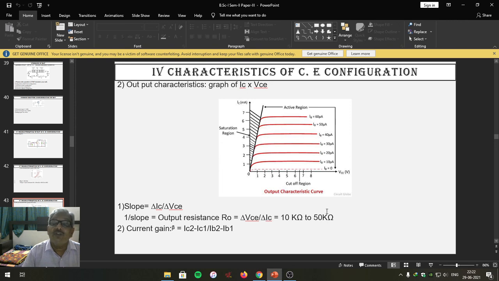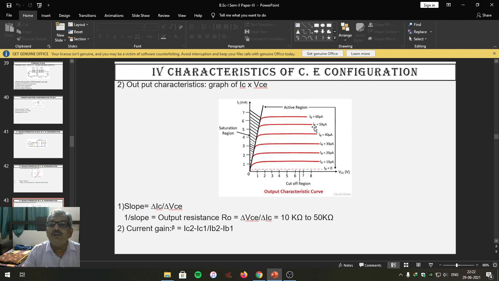Now we are going to define another term, that is current gain, which we already defined. It is the ratio of change in output current upon change in input current. To determine current gain from the graph, keep VCE fixed, say at 7 volt. Draw a line parallel to the y-axis from that voltage.